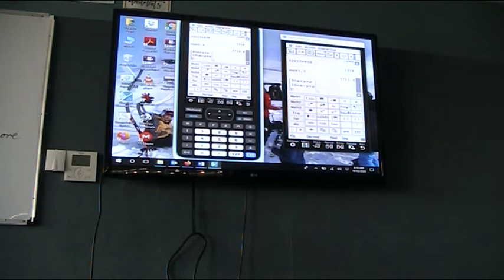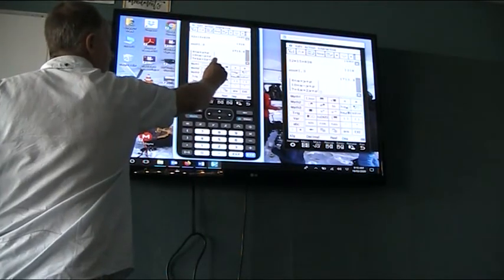Then the last one is 7 equals 4a plus 2b plus c, which is z. Now, you'll notice that there's a box over here.